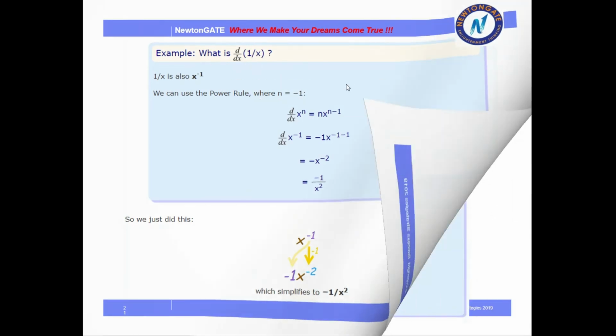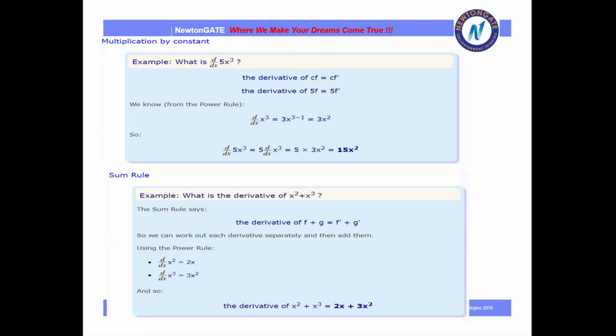Multiplication by constant and sum rule. Multiplication by a constant changes nothing. The constant remains as it is, just the variable part will get differentiated according to the power rule, or if it is a trigonometric function, it will get differentiated into a trigonometric function, and so on. And same for your sum and difference rule.